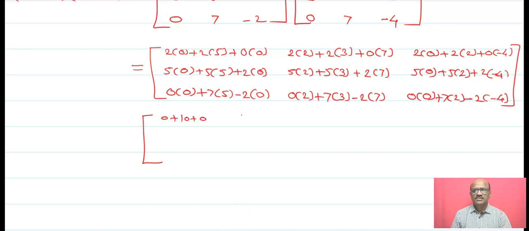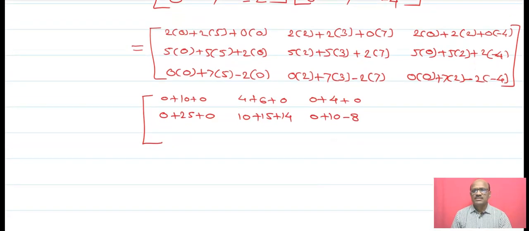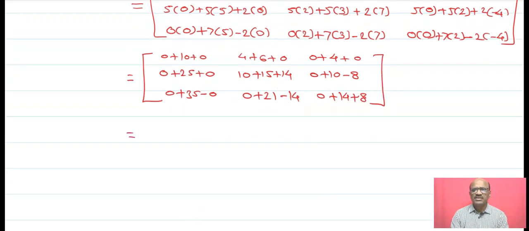See this. And next is the third row of their product. Normal product is there. I am not repeating each and every step.